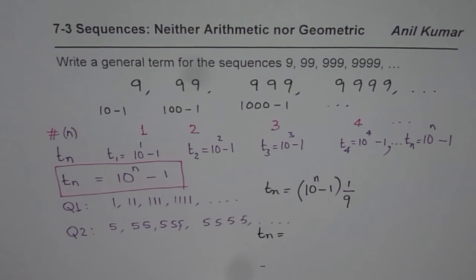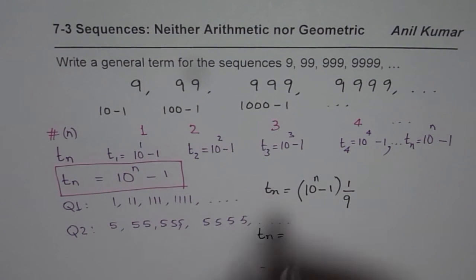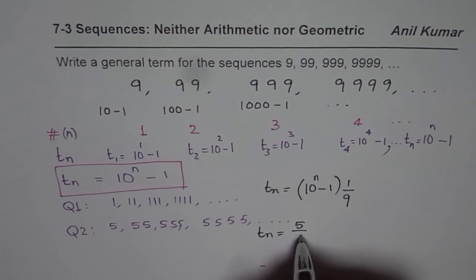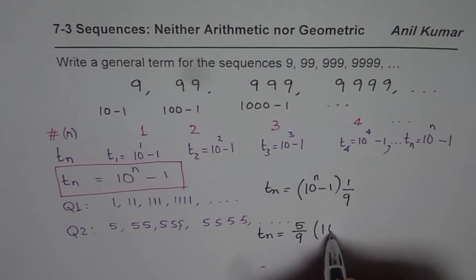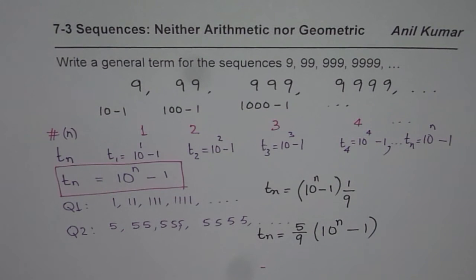Since you have to get 5 times, you could do it as 5 over 9 times 10 to the power of n minus 1. That gives you the answer for the second question. Now this is a very powerful technique and will help you to solve many questions in this particular unit.